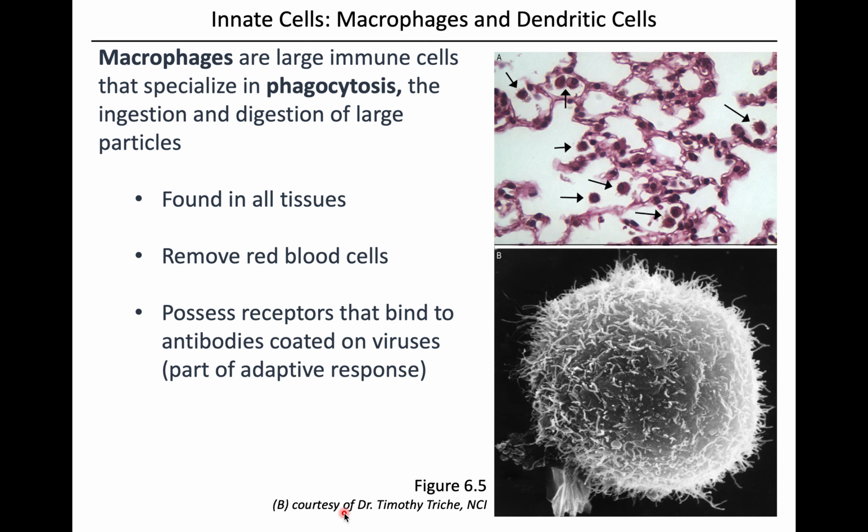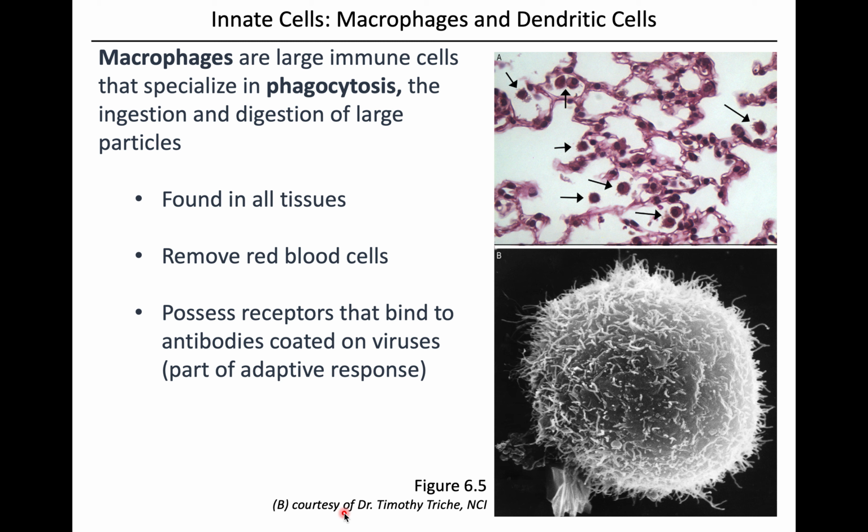All right, so hopefully you're getting the picture of the innate immune response being quick and rapid: virus binds to receptor, triggers production of these cytokines, which are going to have this hopefully repressive effect on viruses' ability to complete the replication cycle. And so just to tie in with some of the cell types associated with the innate response, we've got macrophages, which are large immune cells.